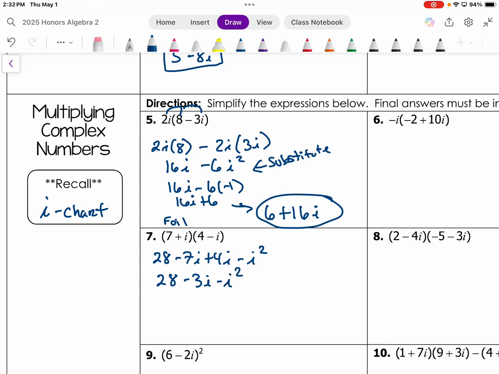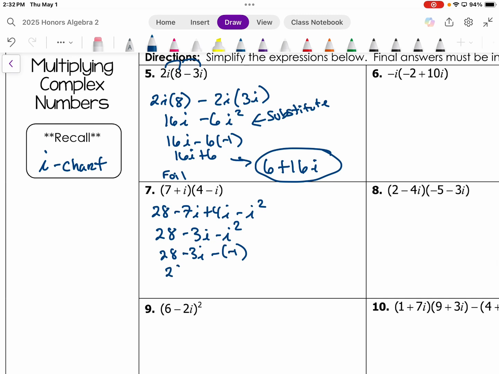Now I'm going to substitute. 28 minus 3i minus, put in a negative 1 for the i squared. That's 28 minus 3i plus 1. 28 plus 1 is 29, so this is 29 minus 3i.